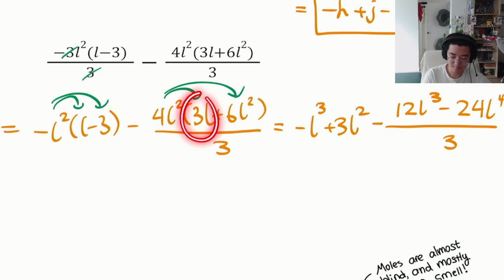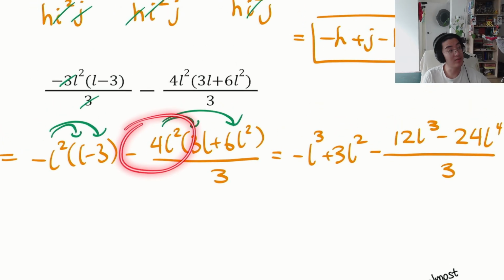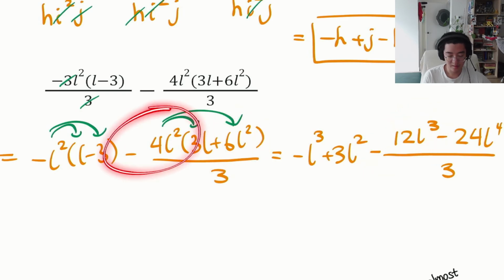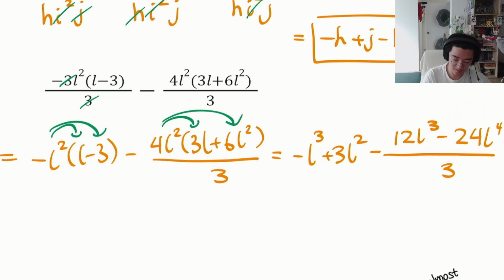Because 3L used to be positive, and now after multiplying by negative 4L squared, it's minus 12L cubed. 6L squared used to be positive, we're multiplying that by minus 4L squared, now it's negative. So be very, very careful of the negatives here.